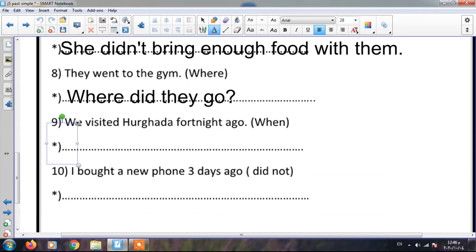The next one. We visited Hurghada 4 nights ago. So here he said that I have to use when. So I'm asking about 4 nights ago. So I will say when, and after when the helping verb did, and we.